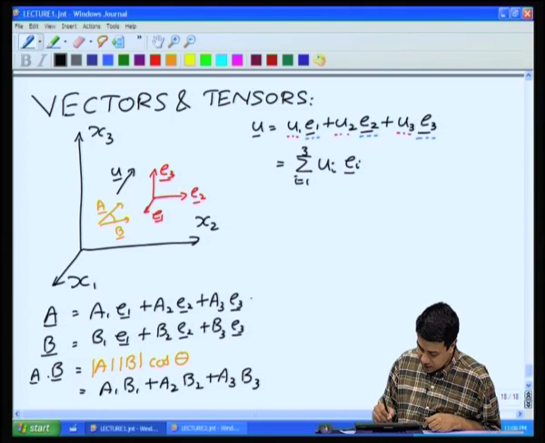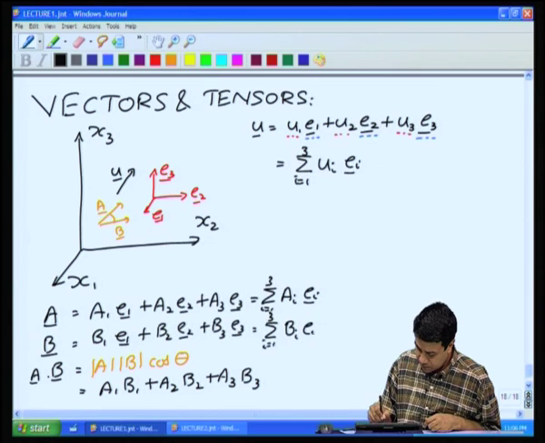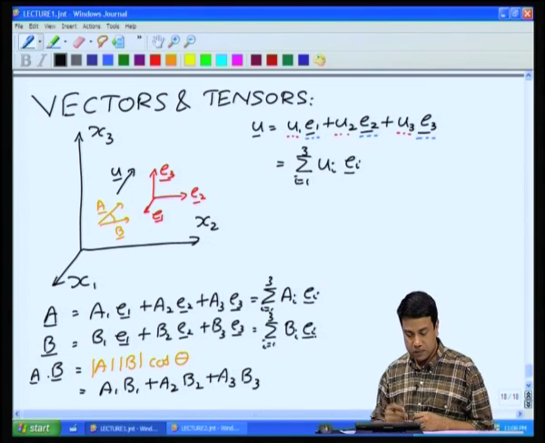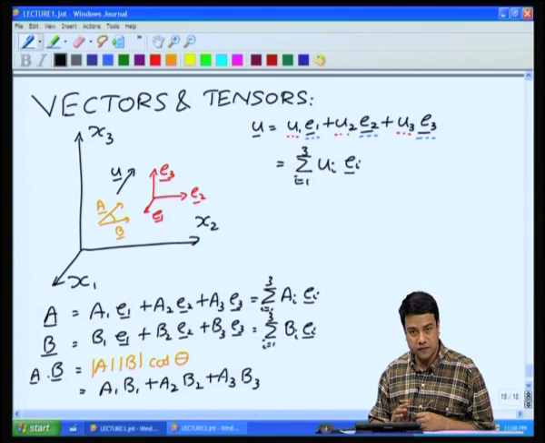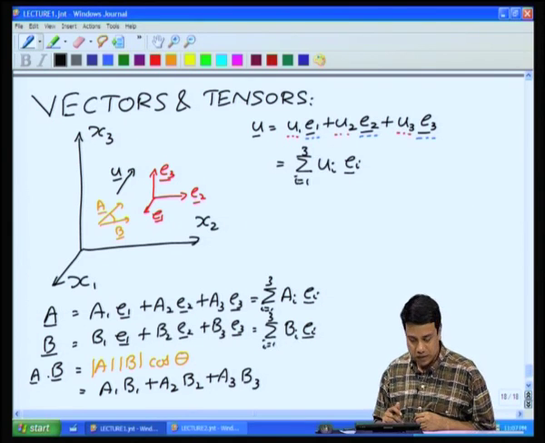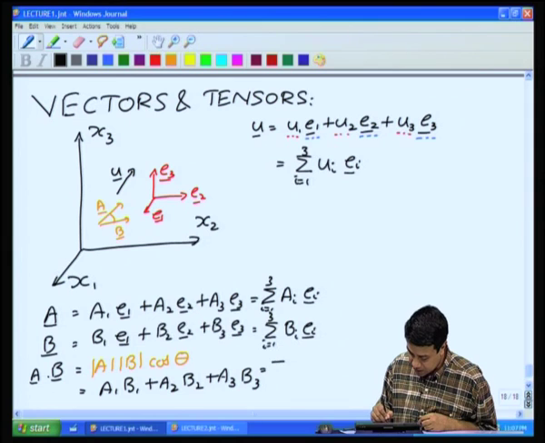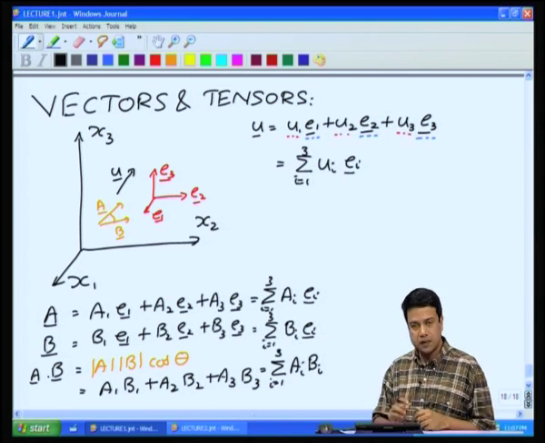Similarly, for these vectors, I can write them as summation i is equal to 1 to 3 of ai ei vector. So, this has two parts, one is of course the unit vector and the other is the component. ai and bi are the components, ei's are the unit vectors. The dot product of course is a scalar. So, this is just equal to summation i is equal to 1 to 3 of ai times bi.